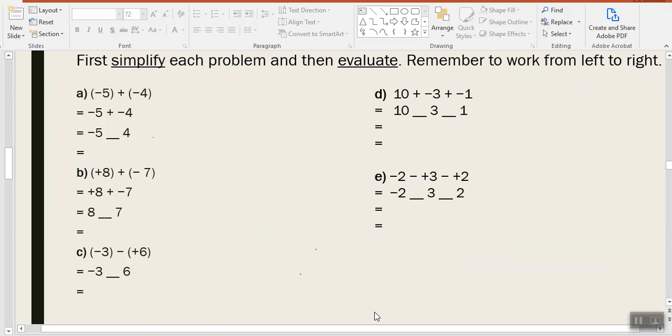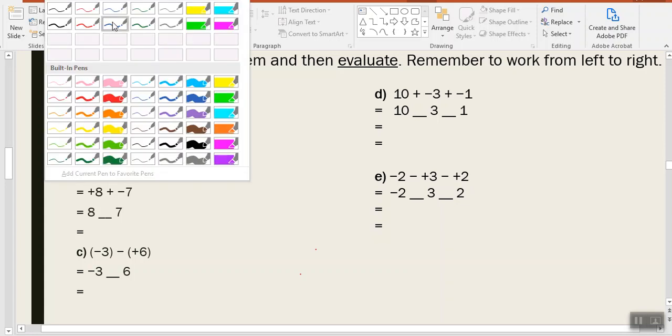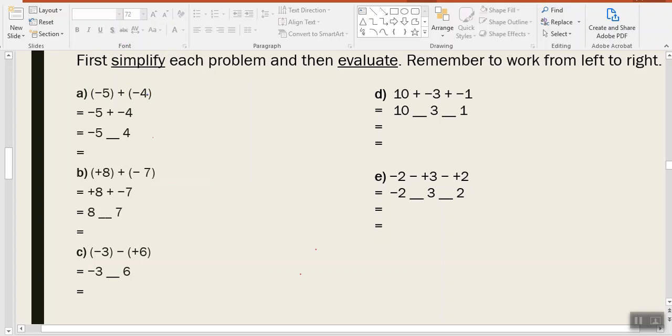So now that we know what to do when we see two unlike signs sitting together, whether we've got a plus and a negative or a takeaway and a positive, it doesn't matter which order they're in, we have to change them to subtraction, or sometimes we say a negative. All right, so for these questions, it says first simplify each problem.